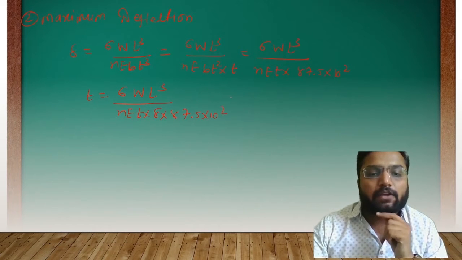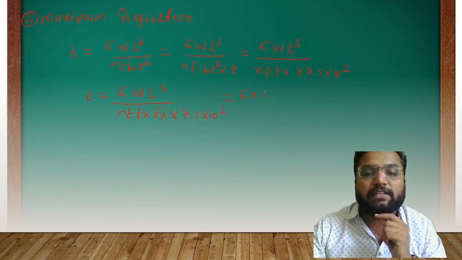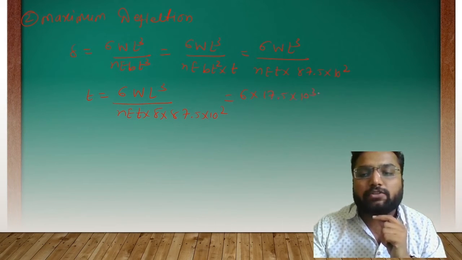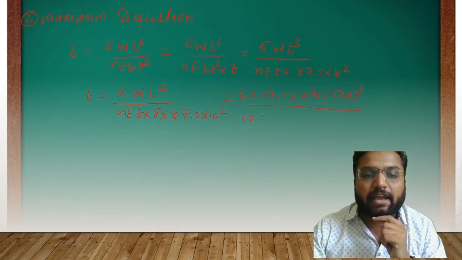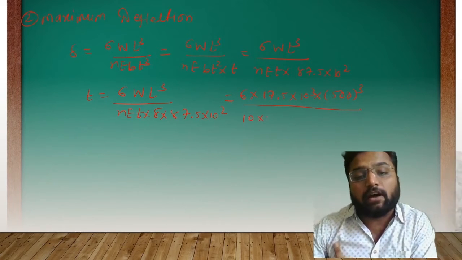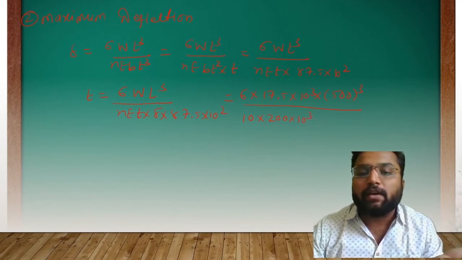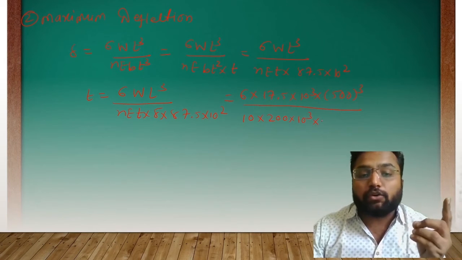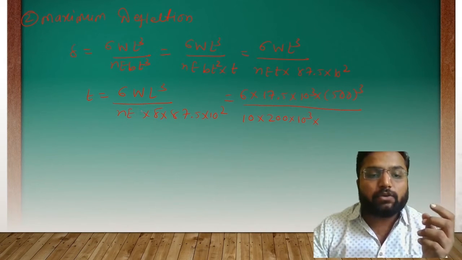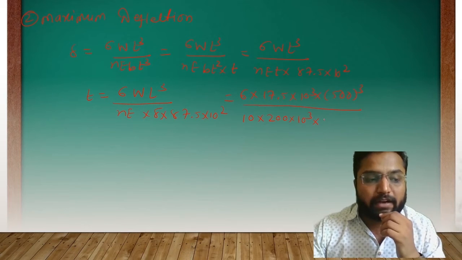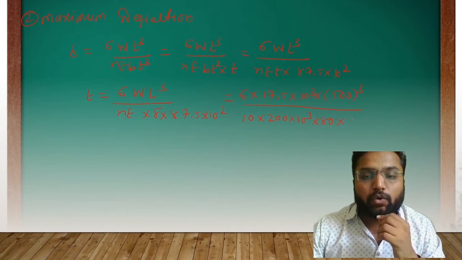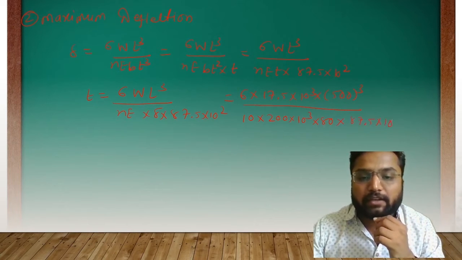This is nothing but delta. So ultimately 6 into W, which is 17.5 into 10 raised to 3, into L, which is 500 cube, divided by n, which is 10, into E, which is given as 200 into 10 raised to 3, that is 200 GPa normally, into delta, the maximum deflection provided, which is 80 mm, into 87.5 into 10 raised to 2.